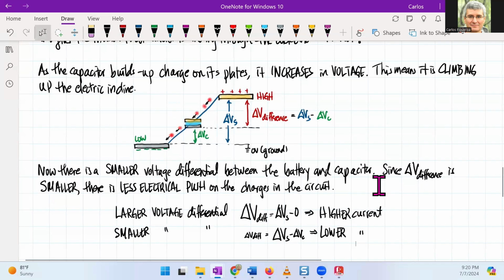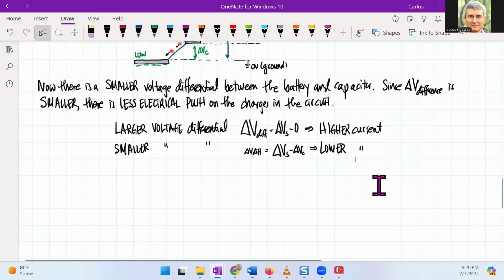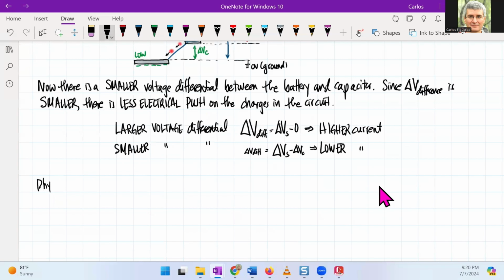So let's physically talk about this before we move on. Physically, this makes sense from the cinema and cinephiles analogy.